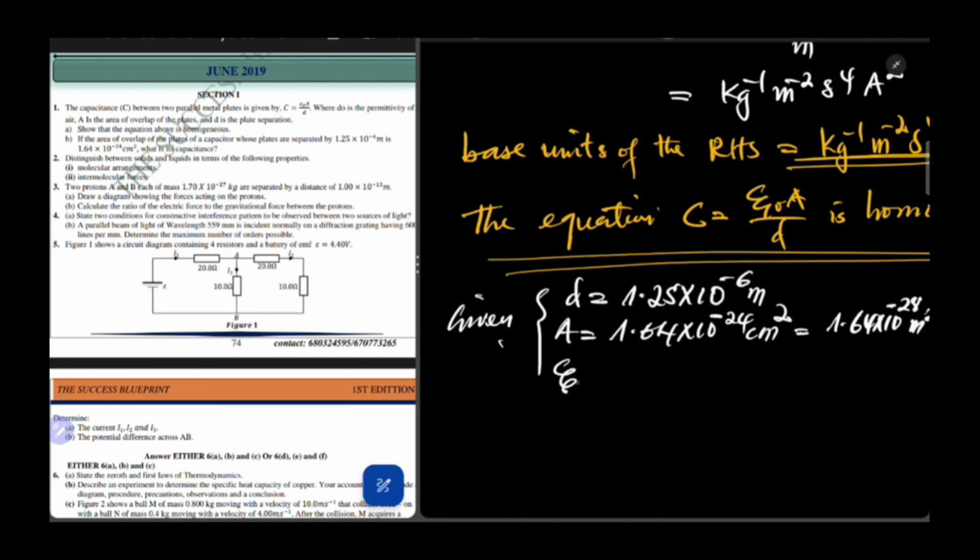What do we also know? The permittivity of free space is 8.854 times 10 to the power -12 farad per meter.